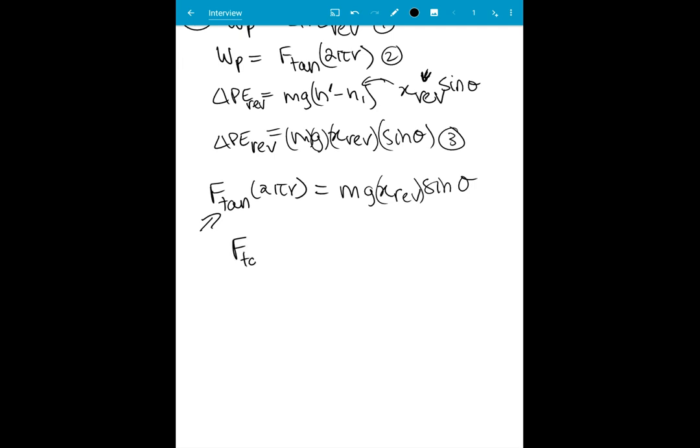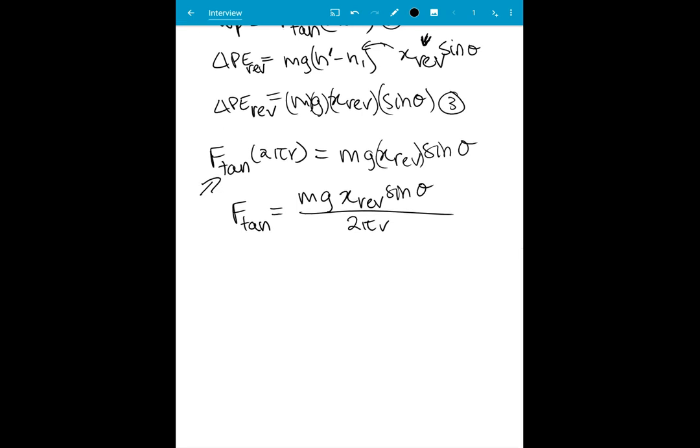So I'm going to rewrite this as F tan is equal to mg x rev sine theta divided by 2 pi r. So let's go ahead and make that r a little bit clearer. Let's go ahead and plug in the values that we know. I'm going to write them down again just because they're up there. We know that the mass is 75 kilograms. We know x rev is equal to 5.1 meters.